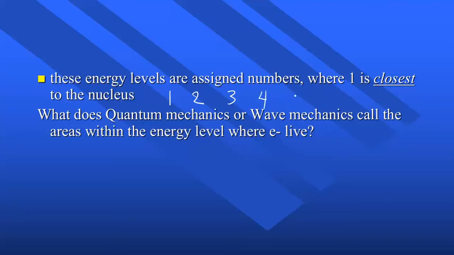Beyond that? 5. We're adding 1 to each one. After 5? 6. Then 7. Next? Well, maybe we've not found an atom that is that big. Okay? Just 7 different towns.